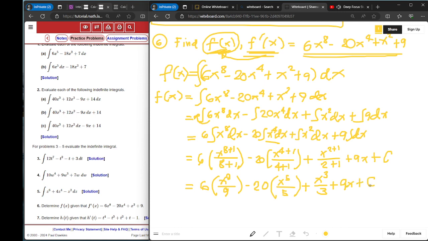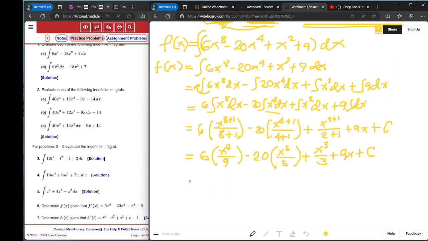There are some terms that we can simplify. For example, 6 over 9. Both of them are divisible by 3. So 6 divided by 3 is 2, 9 divided by 3 is 3, times x to the 9. Minus 20 is divisible by 5, so this will become 4x to the 5th, plus 1 over 3 x cubed, or you can just write it as is, x cubed over 3.